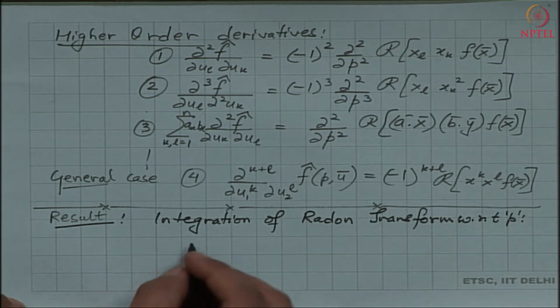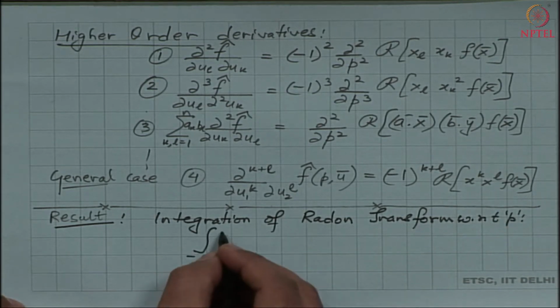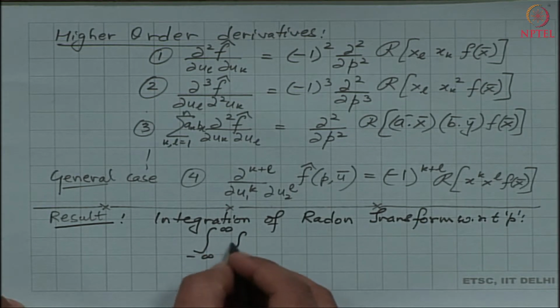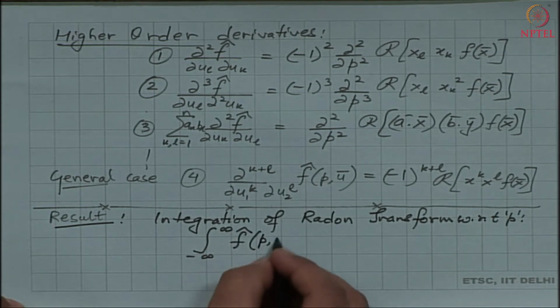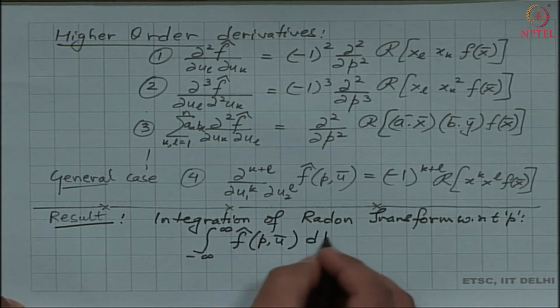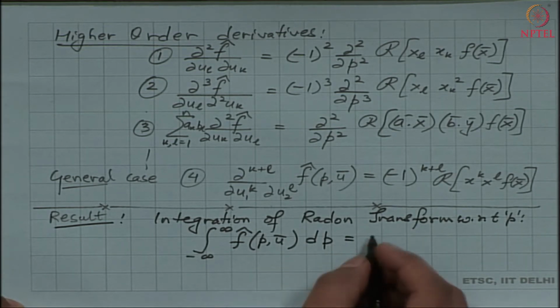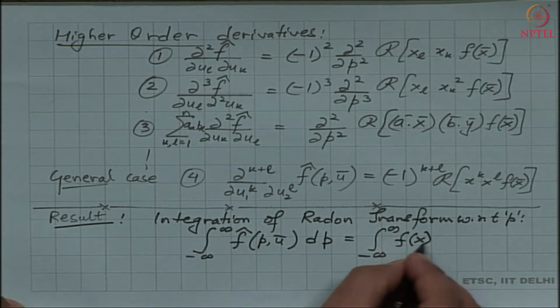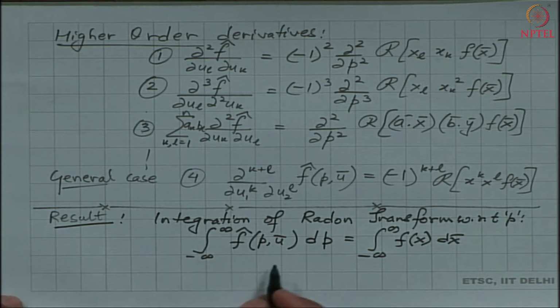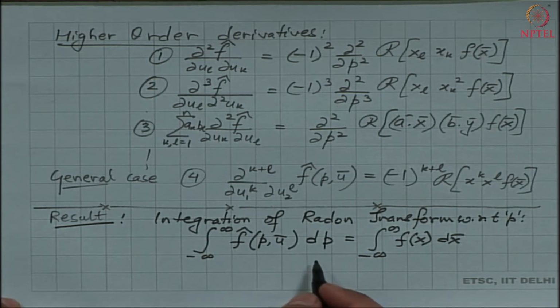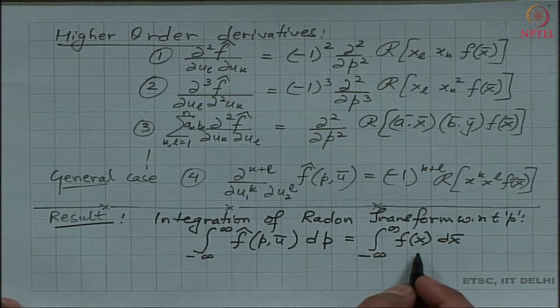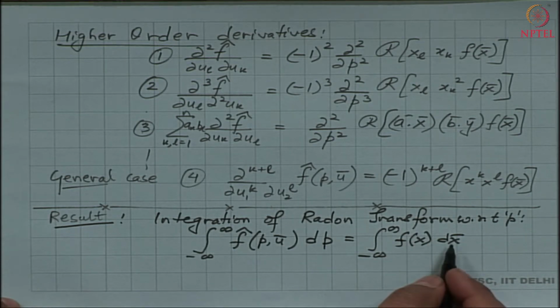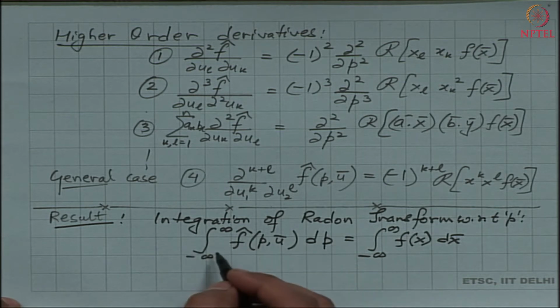I see that the integral from minus infinity to infinity of the Radon transform with respect to the variable p is given by the following integral in the physical plane. So, I see that the Radon transform integral can be rewritten as a new integral in the physical plane. So, the integral in the physical plane is equivalent to the integral in the transformed plane.